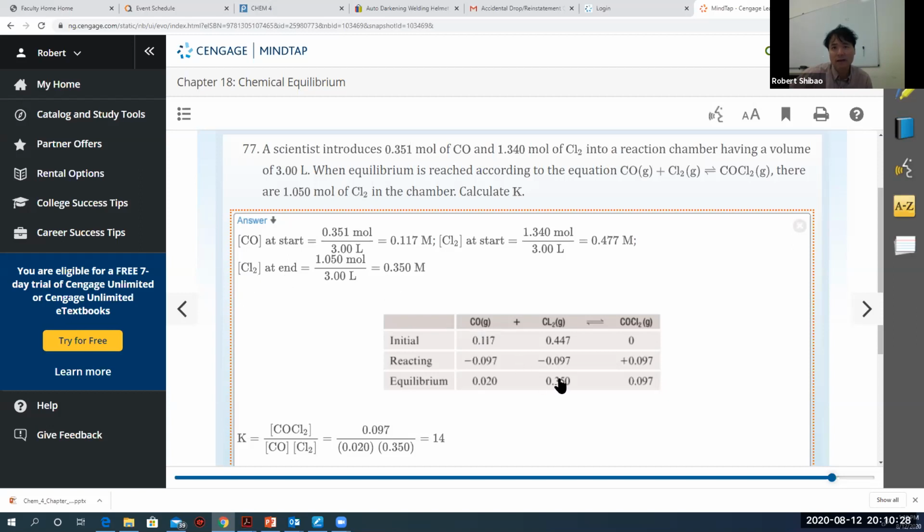If we know that, we can fill out the rest of the table, get the equilibrium concentrations, and determine K. The K value here is 14, which means it's pretty even. We're going to get pretty close to a 50-50 mix of product and reactants here. It's 14, just slightly biased, but the numbers are different.